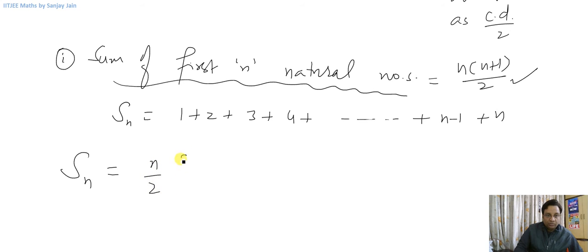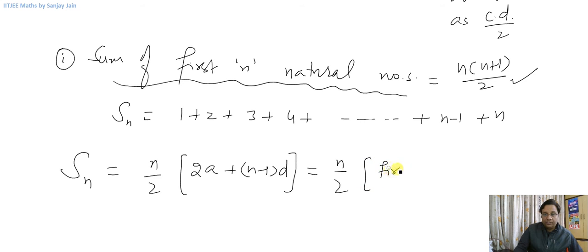The formula is n by 2 twice of a plus n minus 1 into the common difference, or another way of writing it was n by 2 into first term plus the last term or nth term, right? When we are talking about the sum of n terms, our last term is the nth term, right? So first plus nth or first plus last.